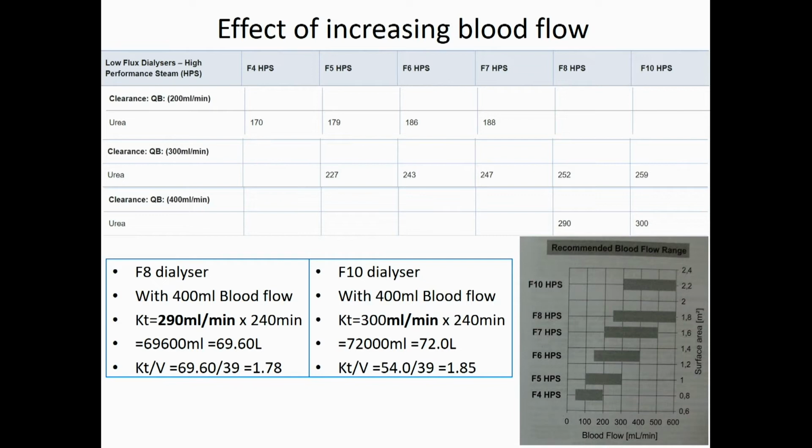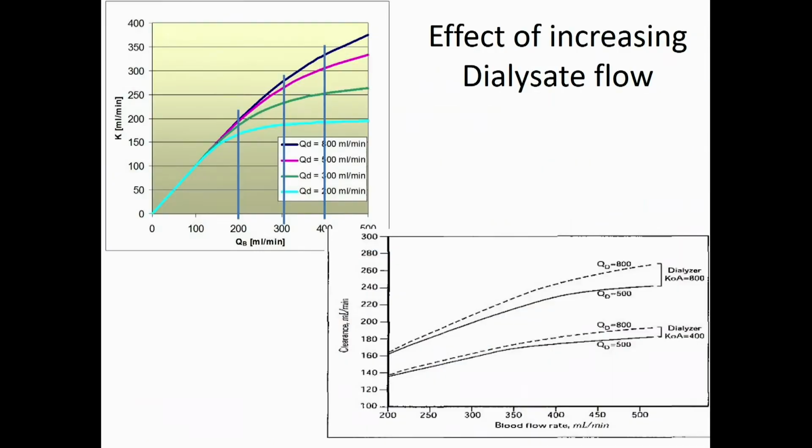So if you use 300 to 400, then you have to use F8 and F10. Using the same F8 dialyzer which gives 1.39 or 1.4, you can get 1.78 by increasing to 400 ml. But the problem is whether you are actually delivering that blood flow; you need to know.